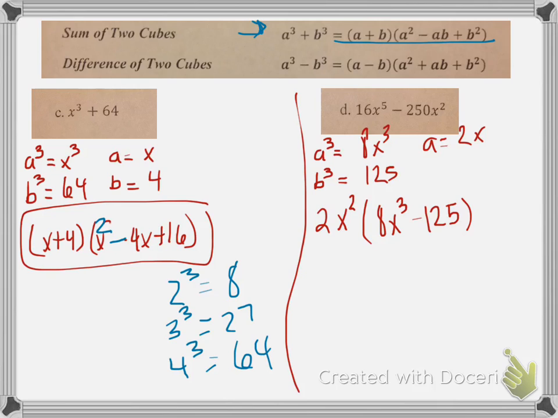Cube root of 125 would be 5. And then we just substitute it in there, which would be 2x minus 5. And then your a squared would be 4x squared. We multiply them together, which makes it a plus 10x. And then we are doing b squared, which is 5 times 5, which is 25.